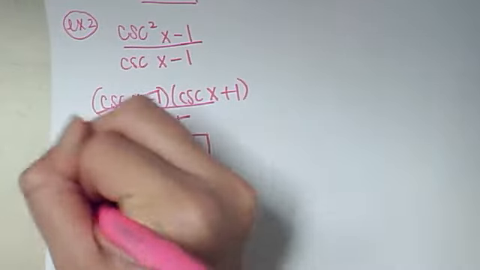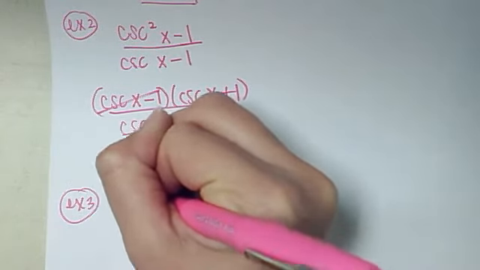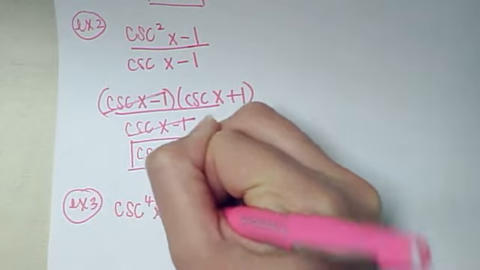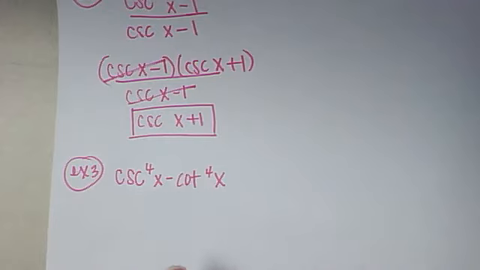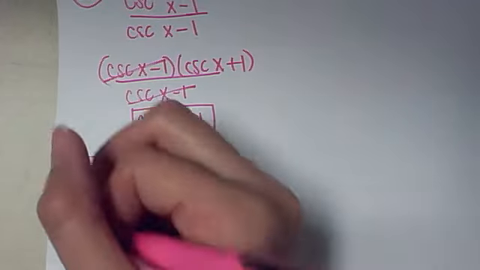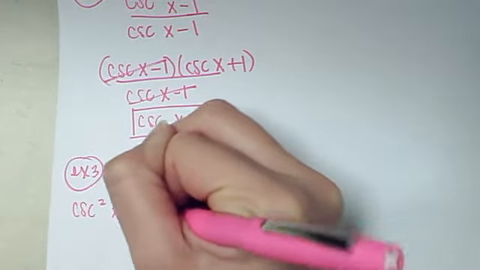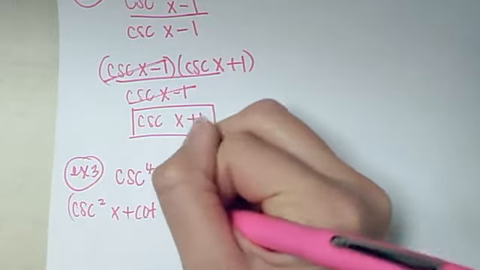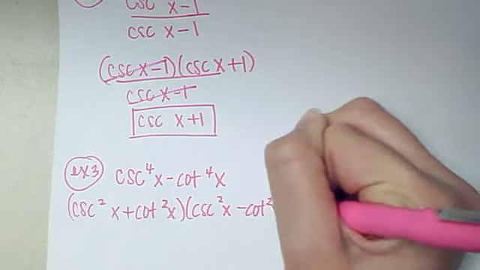The third example is following that same thing, the difference of squares. If I have the cosecant to the 4th of x minus the cotangent to the 4th of x, in that case I've got two things being raised to the 4th power, so I can separate those out by doing them squared, and that's cosecant squared x plus cotangent squared x times cosecant squared x minus cotangent squared x.